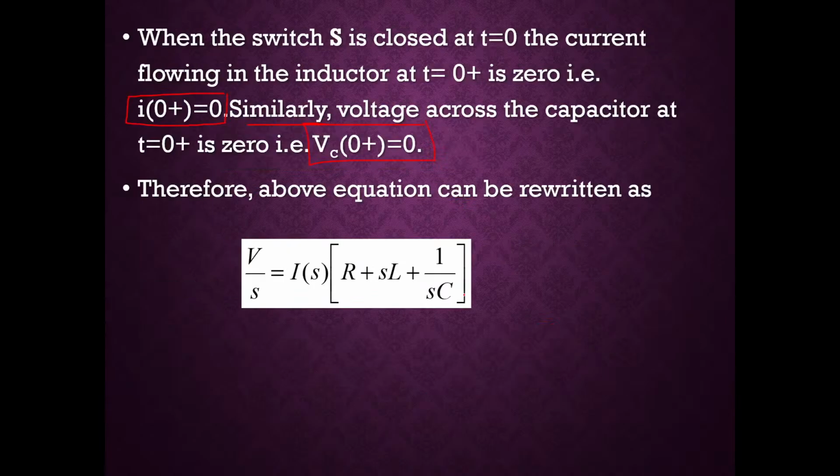The remaining terms are V by S is equal to I of S into R plus Ls plus 1 by SC. I have taken I of S common and rewritten the equation. So V by S is equal to I of S into R plus SL plus 1 by CS.